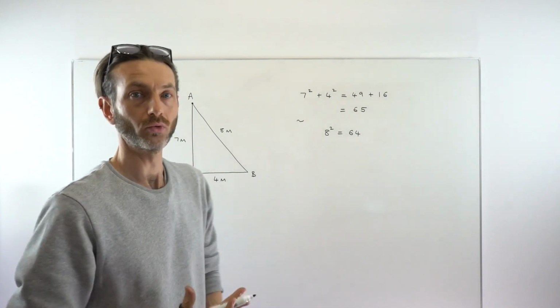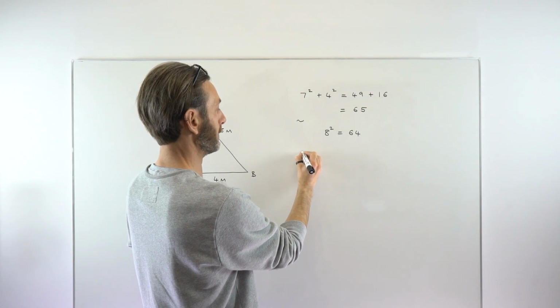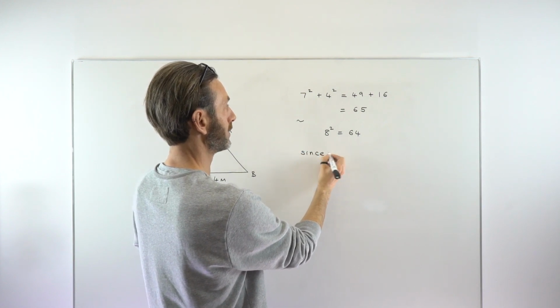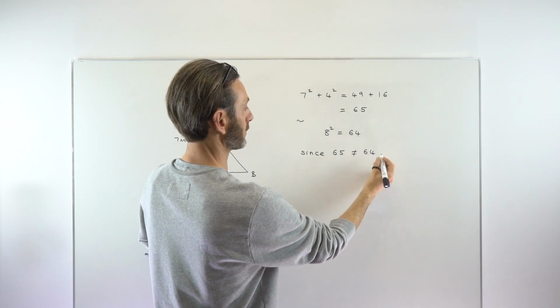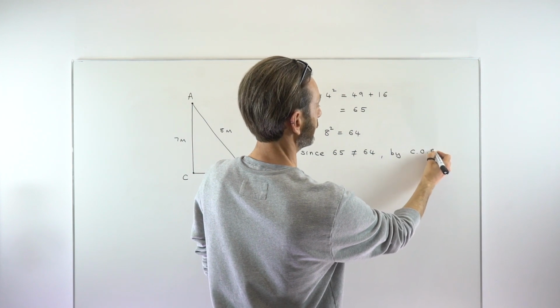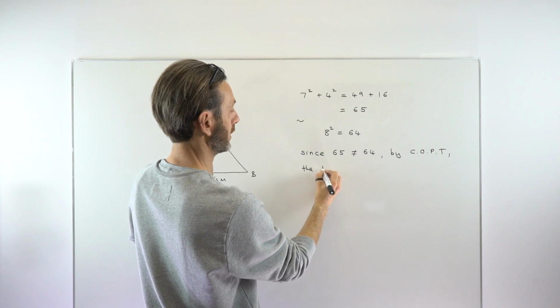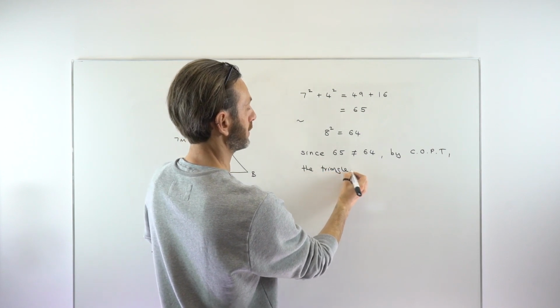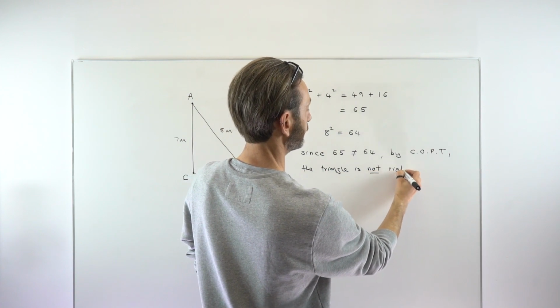So you need to write some kind of statement for this. So you could say something like, since 65 is not equal to 64, and also by the converse of Pythagoras' theorem, the triangle is not right angled.